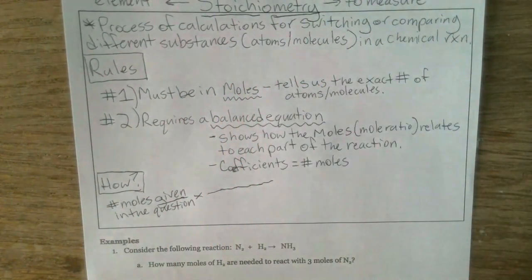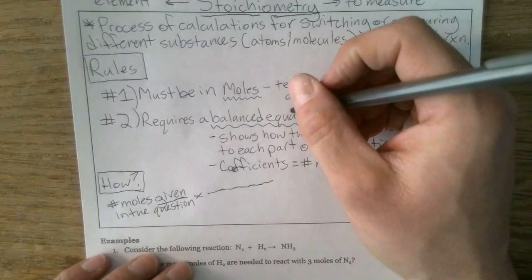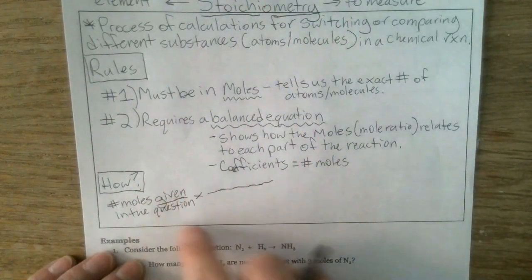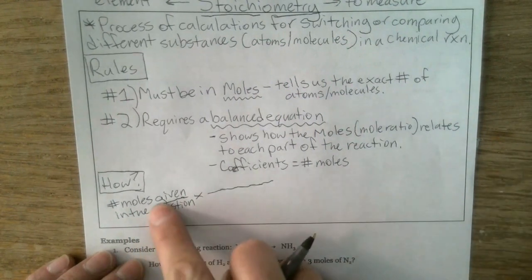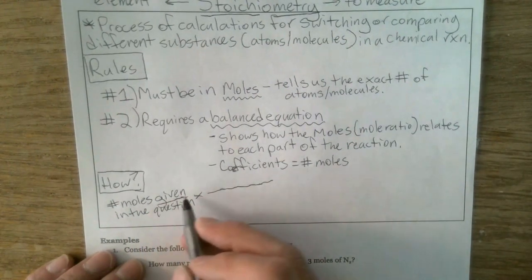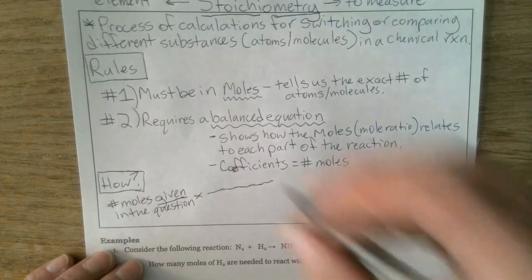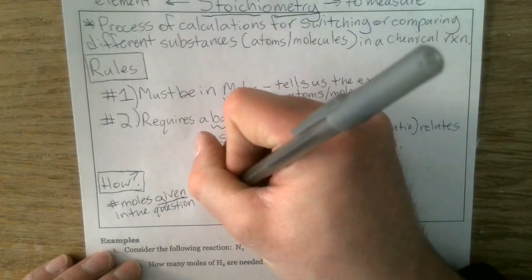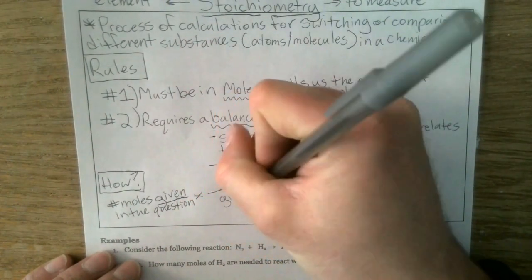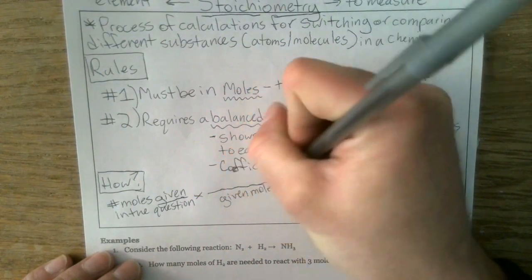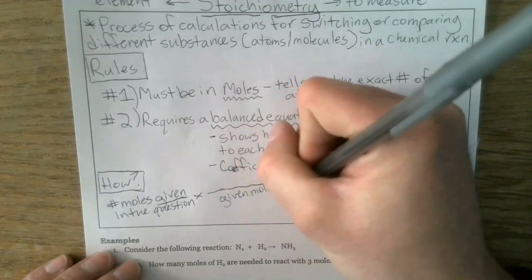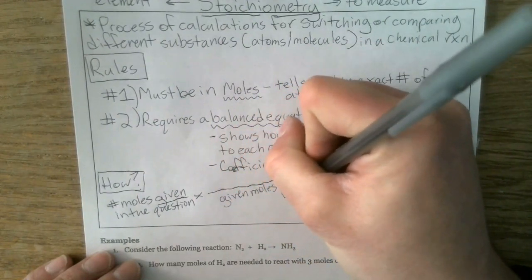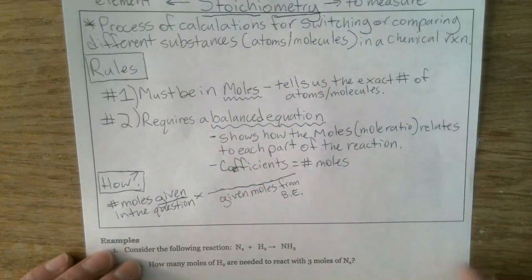I'm writing on an uneven surface here. So the number of moles given of a certain substance from the question, because we have this unit up here of our moles of given, we need to have the same given number of moles on the bottom. And that's from the balanced equation.